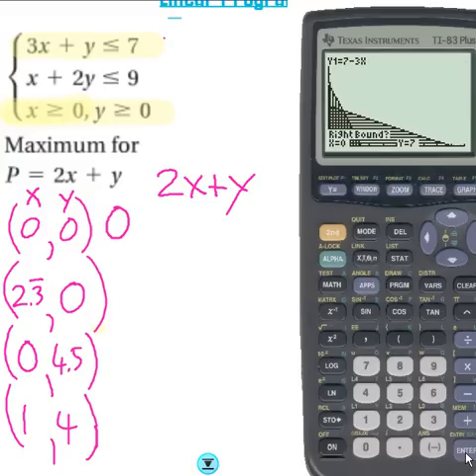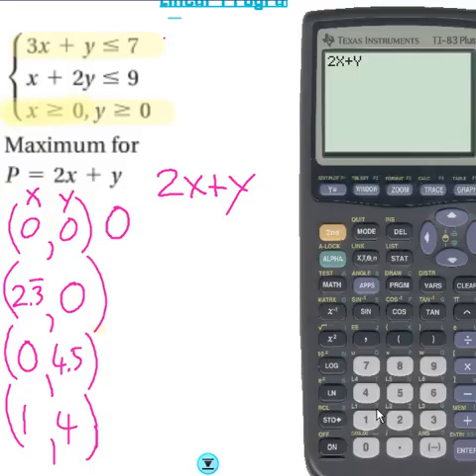Now, the calculator has stored in its memory 2.3 repeating for x and 0 for y. So I'm going to quit, and now I'm going to say, please tell me what 2 times x plus y is. How do I get to y? Alpha 1. You can see right there on your calculator, to the right above the button is the letter y, and it's the same color as your alpha key.